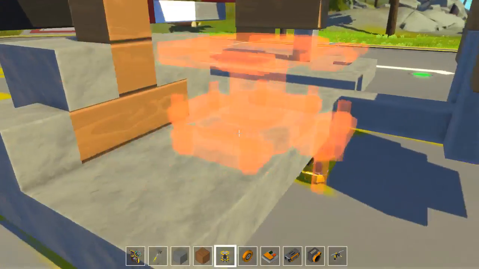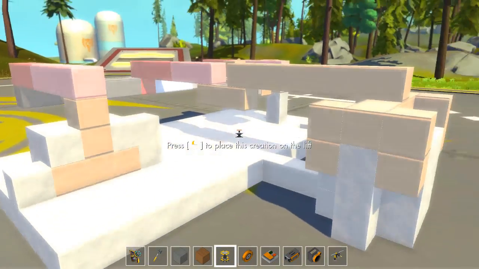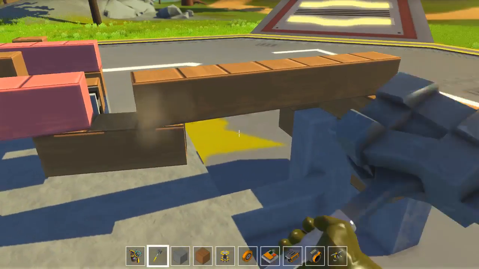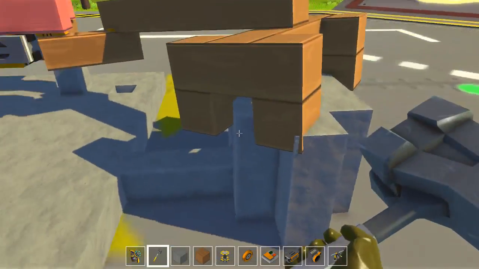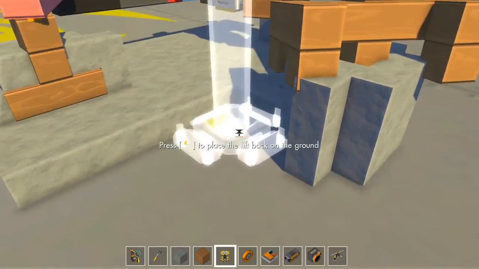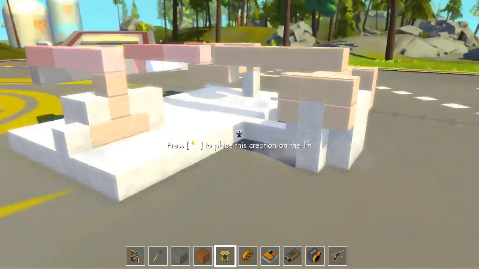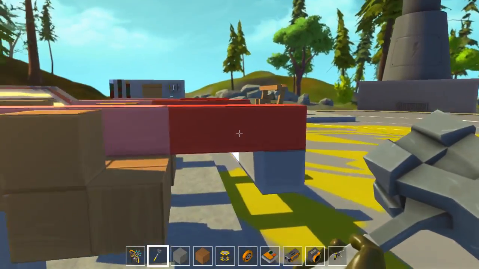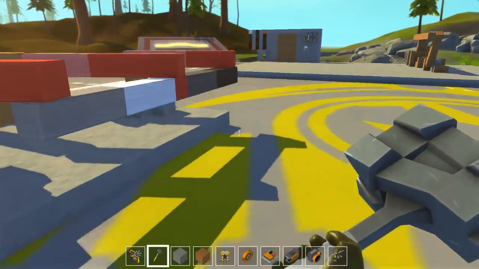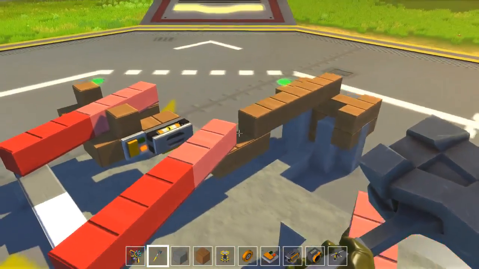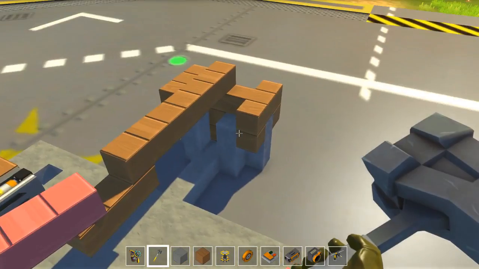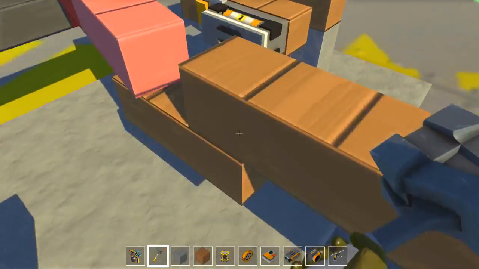I hereby declare that joint not to be a load-bearing joint. But if we hit this, not a load-bearing joint. It's fine. It's not perfect system. So this should be able to move like so, and like so, without this being unduly discomforted.